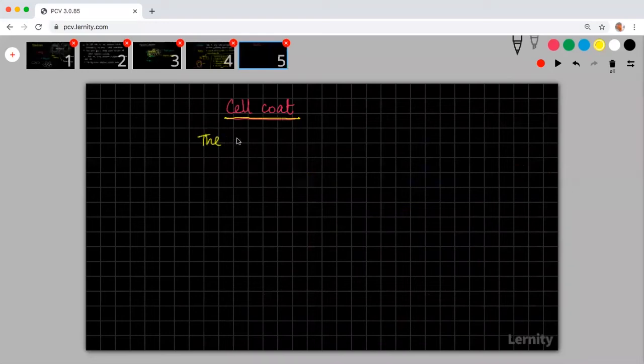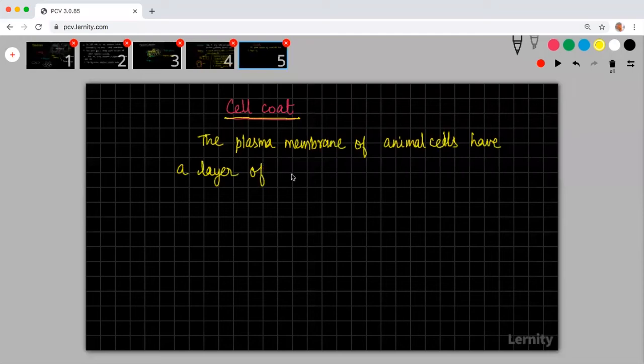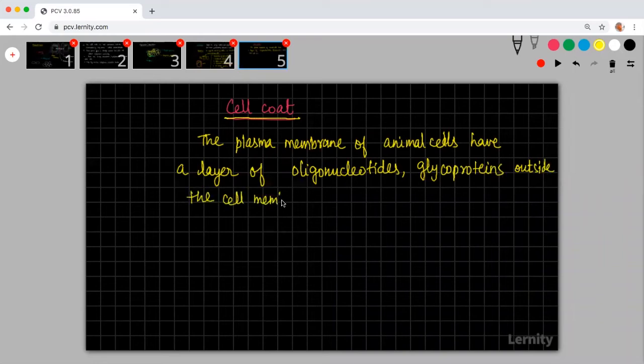The plasma membrane of animal cells has a layer of oligosaccharides and glycoproteins outside the cell membrane. This layer is called the cell coat.